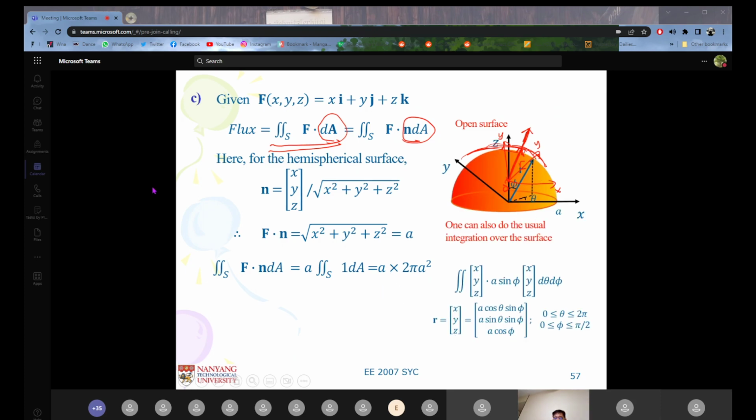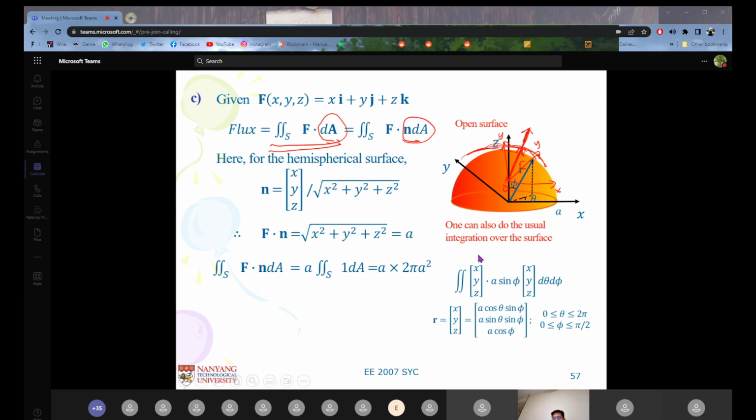Yeah, so this is the simplest way, but this one requires you to understand the concept of this F dot N. If not, then we will do the usual integration over the surface. Okay.